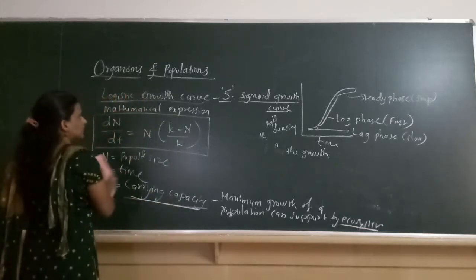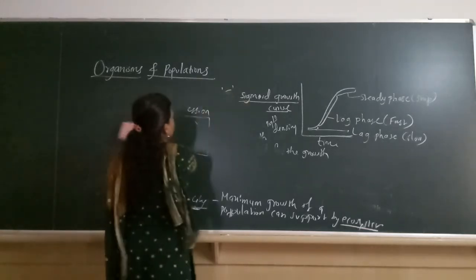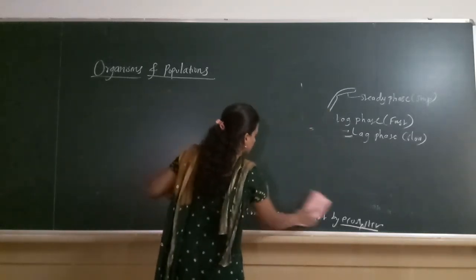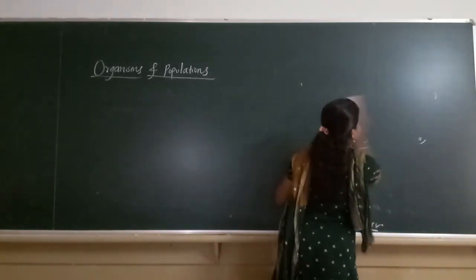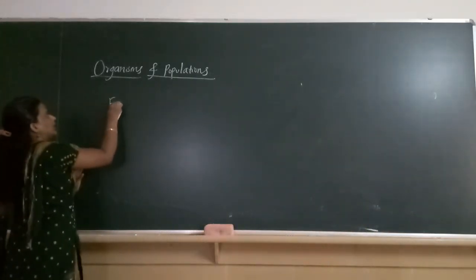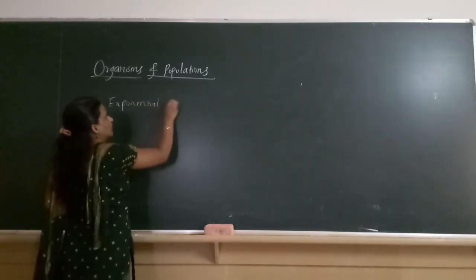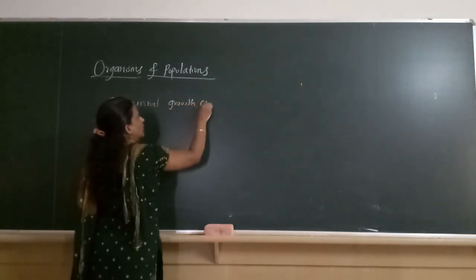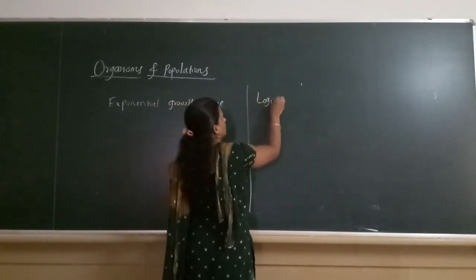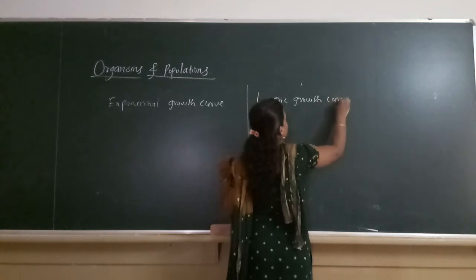Okay, which growth curves did we explain now? If we take the differences between the two, how can we write them, how should we remember them? We are going to add it by remembering. One is the exponential growth curve and second one is the logistic growth curve.